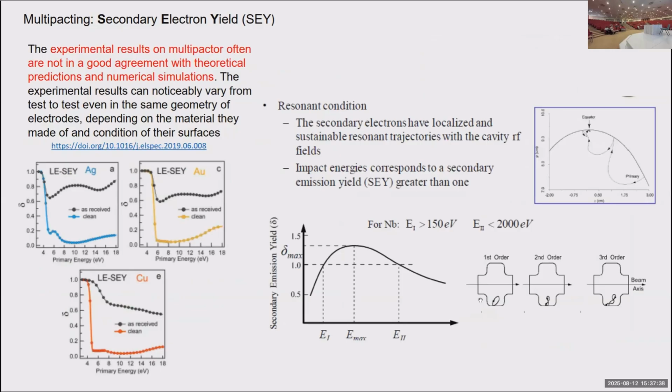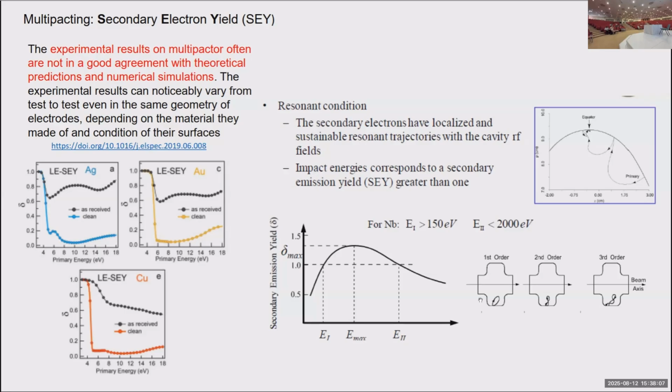Let's look at some examples here. This one is silver, gold, and copper, but they don't exactly exist for multipacting, because theory and experiment don't coincide.